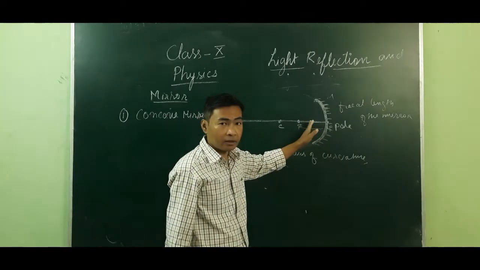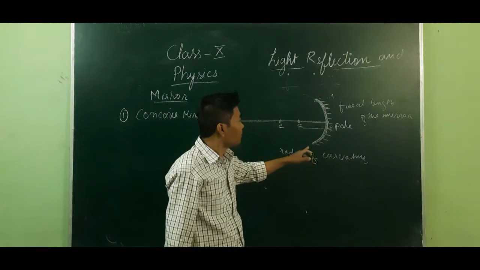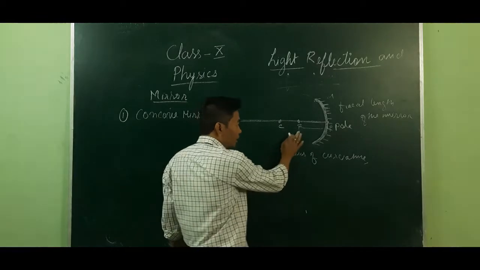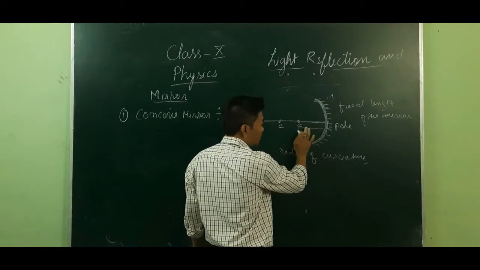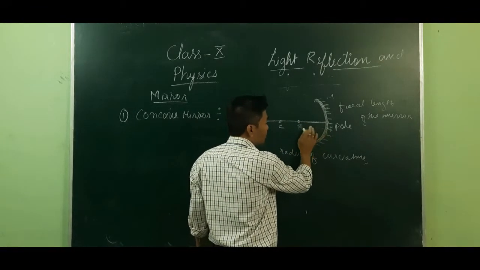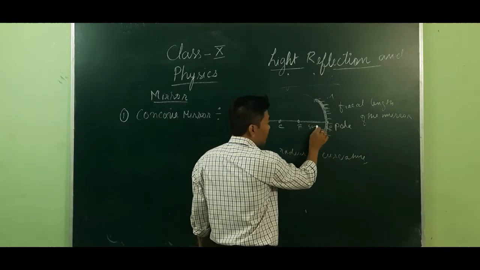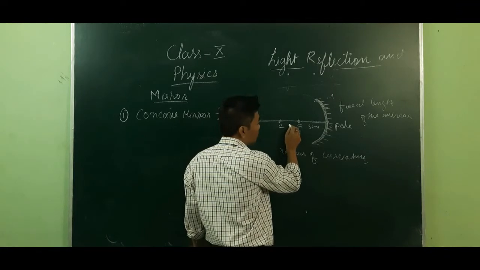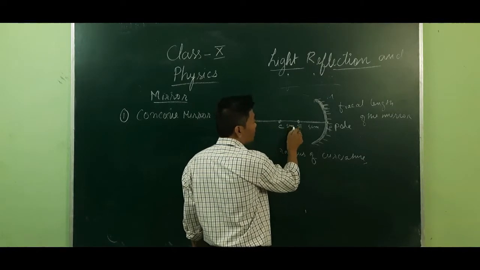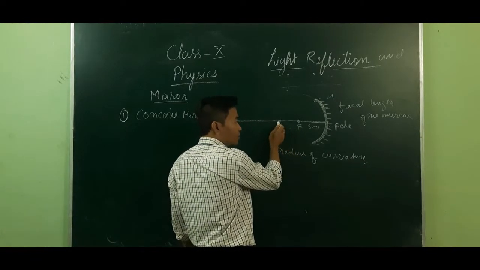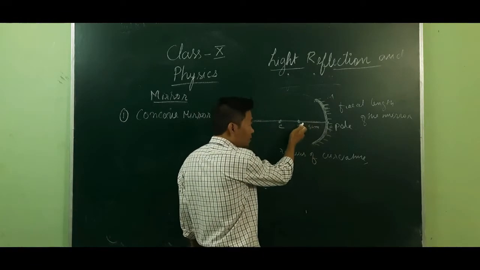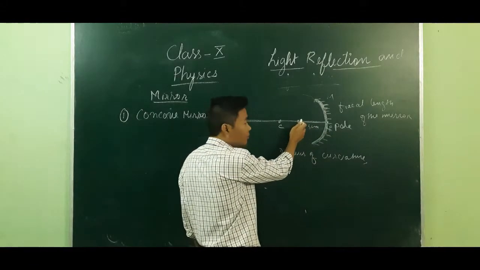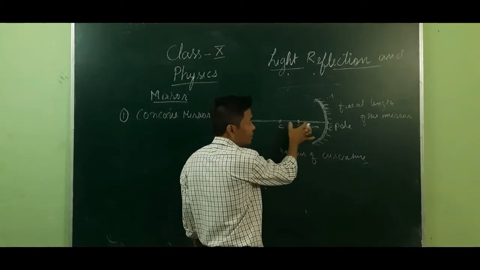So this is the focal length of this mirror. Now the focal length of this mirror, the distance from F to P, is, let's say, 5 centimeter. Then the distance from the F to C is also 5 centimeter. That means C to P is exactly divided by the F, equally divided. So the same distance here is the same distance.